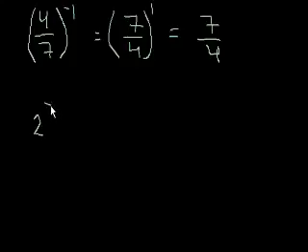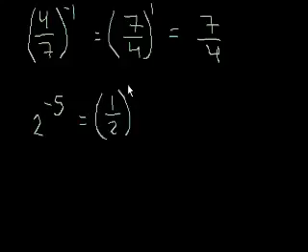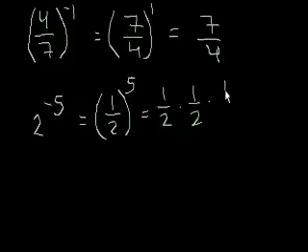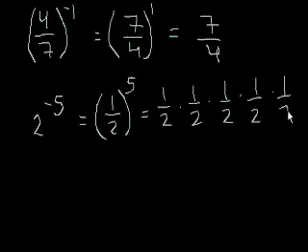2 to the negative 5. Once again, we take the reciprocal of 2, and we say 1 over 2, and now that can be raised to the 5th power, and that equals 1/2 times 1/2 times 1/2 times 1/2 times 1/2, and that equals 1 over 32.